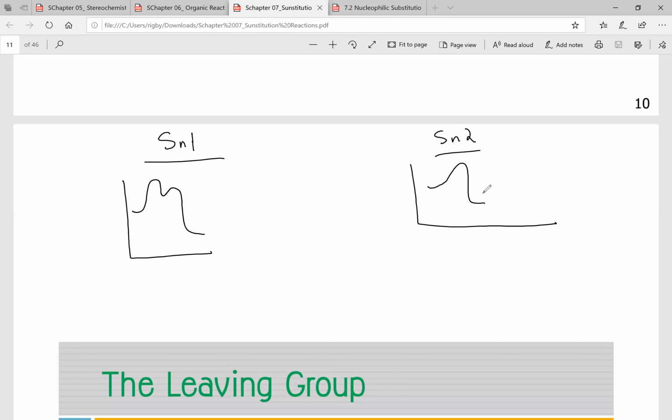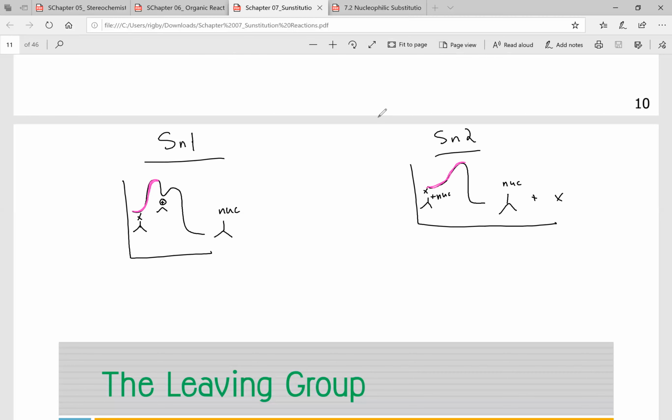So notice here that in Sn1, we start with the alkyl halide, which then becomes our carbocation, which then becomes our product with the nucleophile, okay? In Sn2, we start with both the alkyl halide and the nucleophile, and we end up with our new product and the extra halogen, okay? Notice here how this one starts out with a single reactant. This one starts out with two reactants.